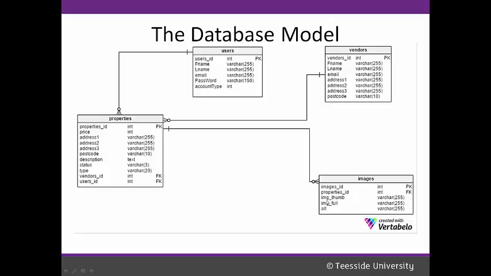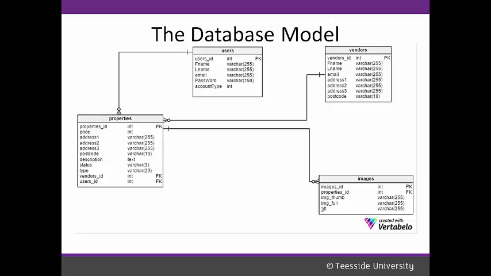Okay, so the next two columns we have IMG thumb and IMG full. IMG thumb stands for thumbnail. It's a small image. IMG full is a full resolution image of the property. Alt, that's the alternative text that we can inject back into the view if we wanted to.